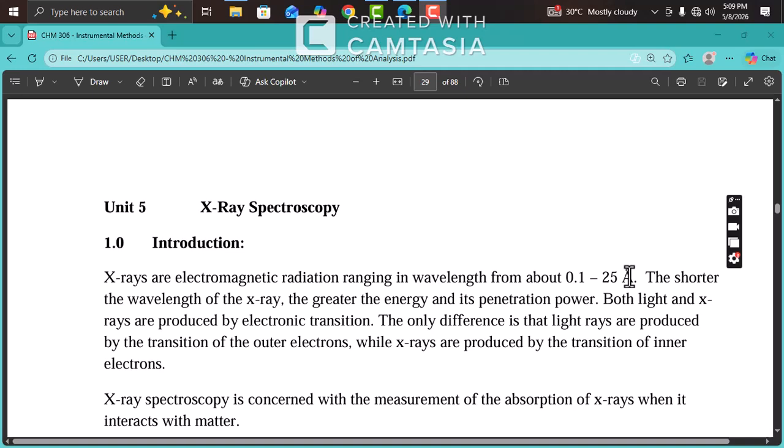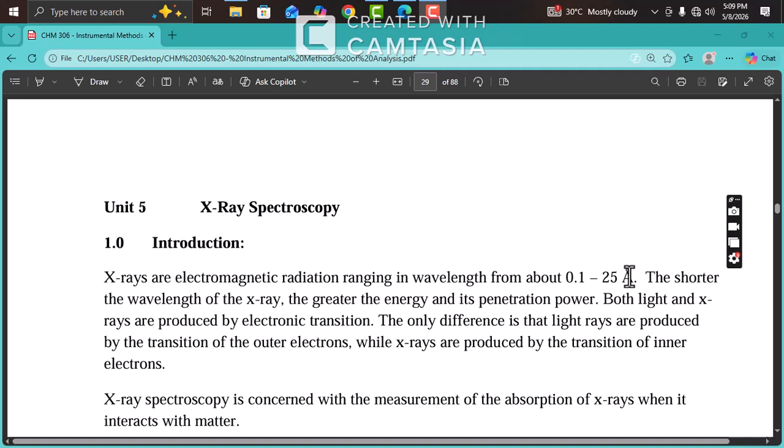However, there's a difference between the kind of electronic transition that goes on with light and with X-ray. With light, the transition involves the outer electrons, but with X-rays, the transition involves the inner electrons.